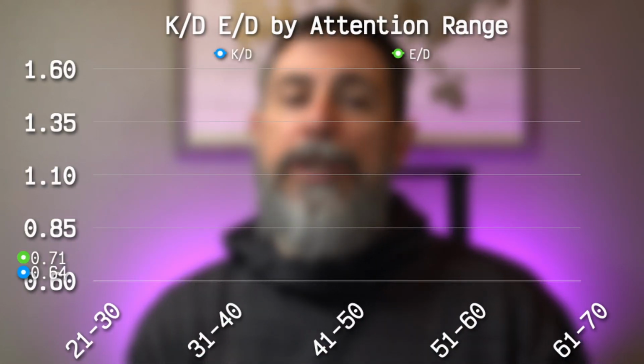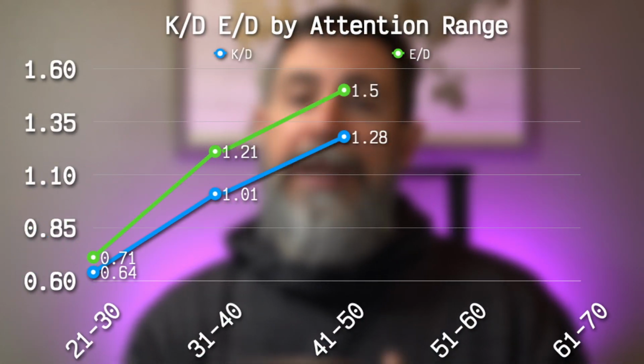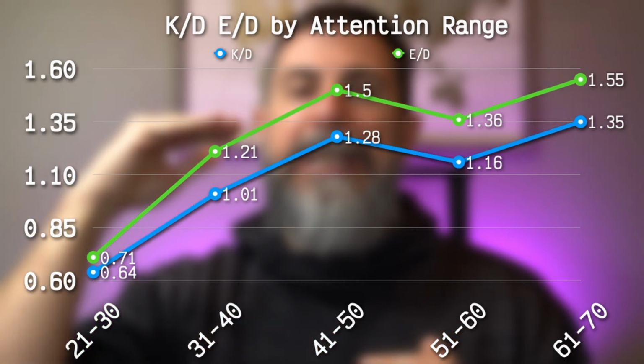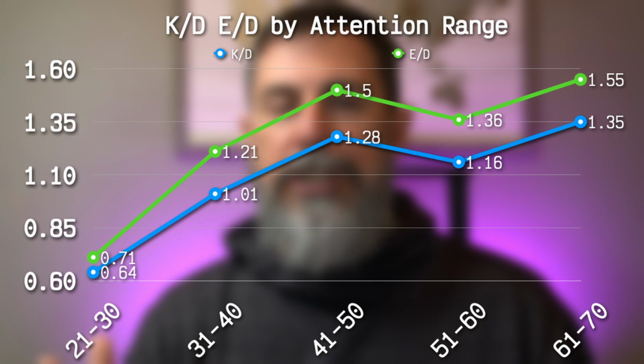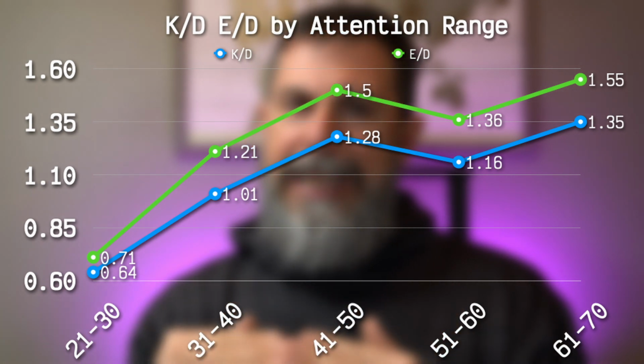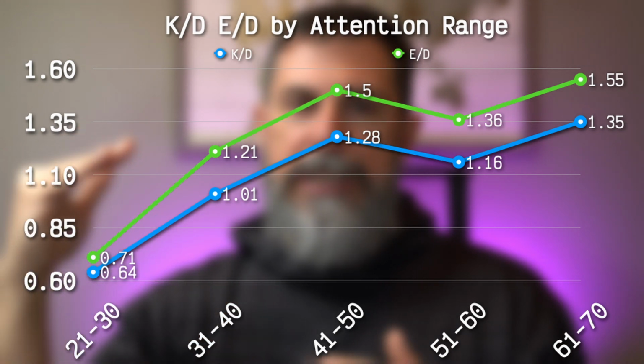Now, my hypothesis stated that the more focused I was, the better I would perform. However, if it's to be believed, the data tells a different story. My KD and ED results start low when my attention is low, and increase until they peak in the 41 to 50% range. They drop in the 51 to 60% range, and increase again slightly in the 61 to 70% range.